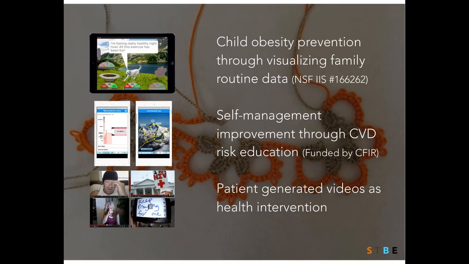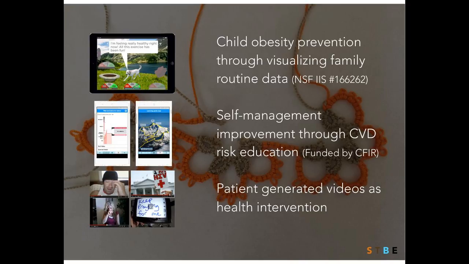This information will be shared among families that we match as appropriate according to behavioral change theory, so there's also a social exchange going on among the families. This is going to be a 4-year project that just began.